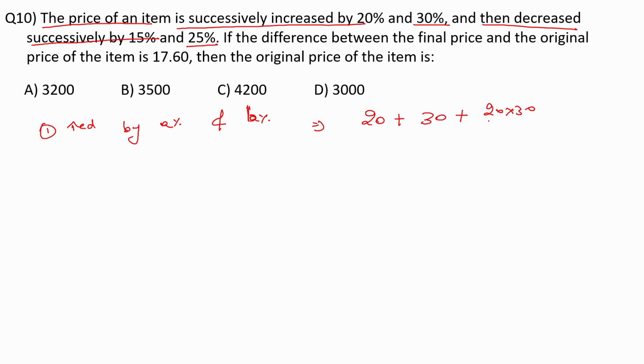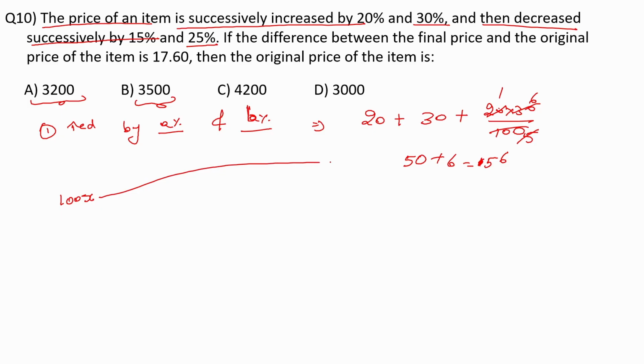A plus B plus A into B upon 100. 20 plus 30 is 50, plus 20 into 30 upon 100, that is 6, which equals 56. Here the options are in values, not in percentage, so I would assume my initial value to be 100x. By successive increase in the percentage, my final value would definitely be increased by 56%, and my final value would be 156x.